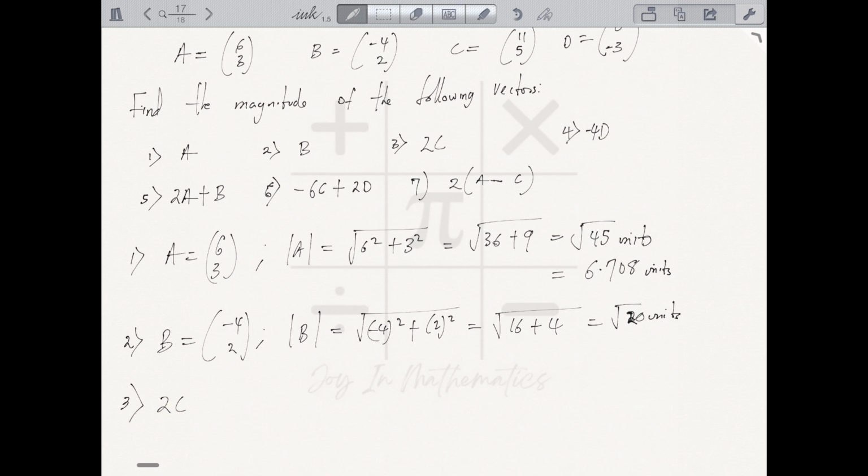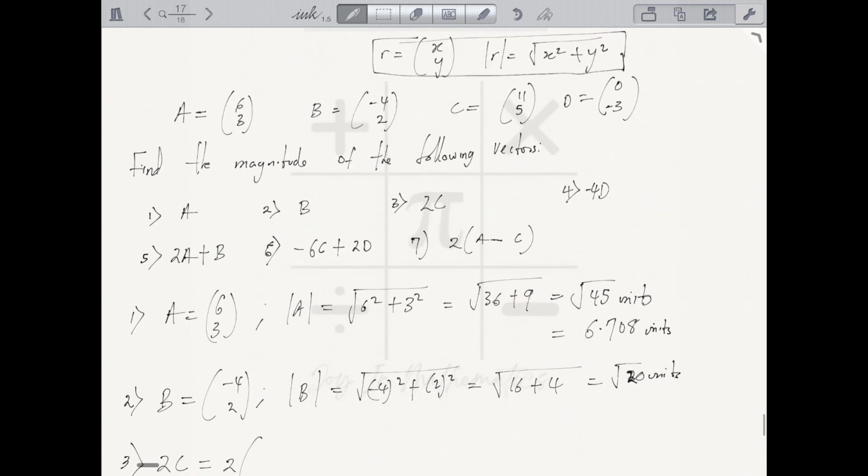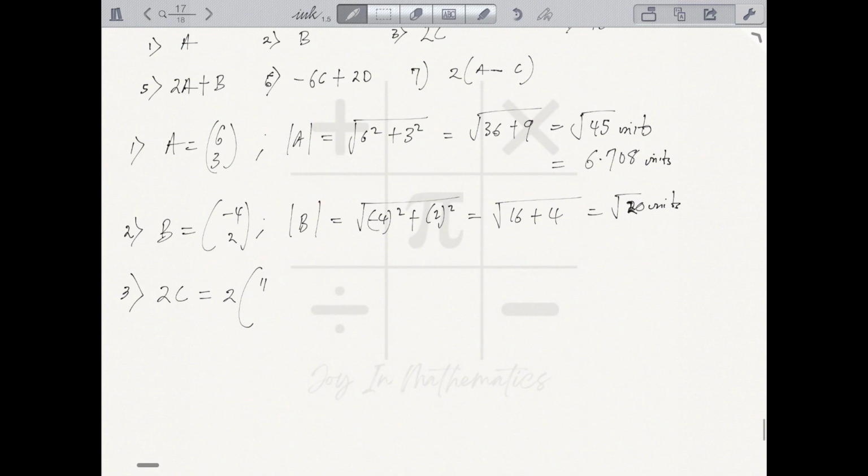Similarly, question 3 says we should evaluate the magnitude of the vector 2c, where the vector c is (11, 5). If you take the scalar multiplication of this, we have 2 multiplied by 11 and 2 multiplied by 5, and this will become 22 and 10.